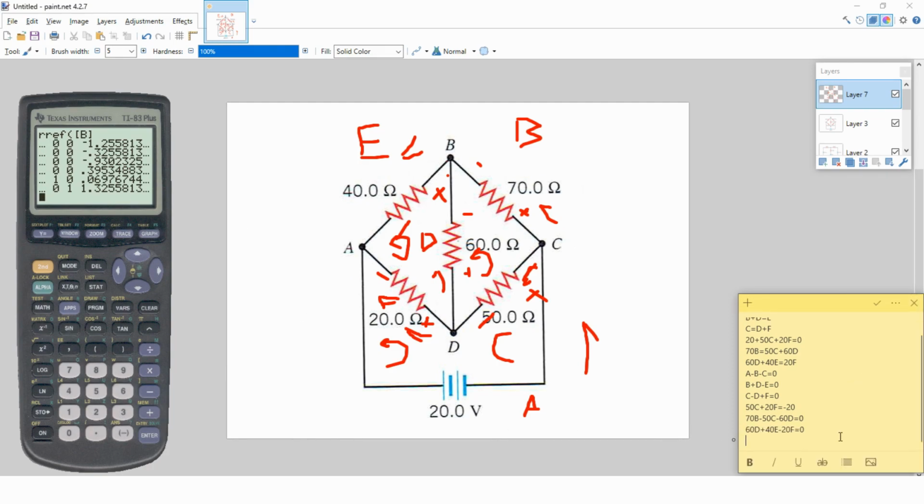I might have messed up, but I think they're correct. 1.26. B is equal to 0.32. C is equal to 0.930.